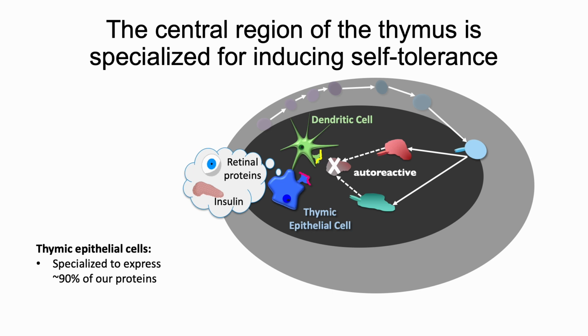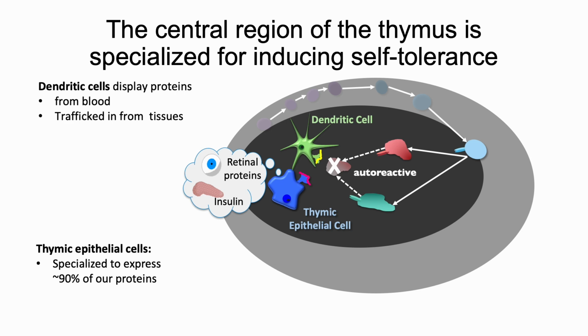So it's key that those thymic epithelial cells express all of those proteins. Well, what about your dendritic cells? They can acquire proteins from your blood, from circulation, and present them to T cells to get rid of autoreactive cells. They can also go to other tissues and traffic proteins from those tissues into the thymus to present.